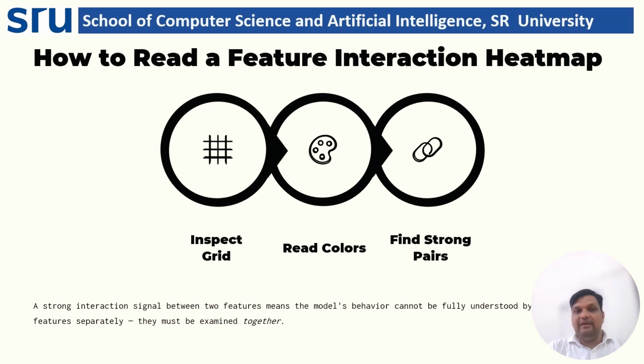How to read a feature interaction heat map? In a heat map, each cell represents a pair of features. Color intensity shows interaction strength. A brighter cell means a stronger interaction, areas we should investigate closely. In summary: inspect the grid, read the color, find strong pairs.